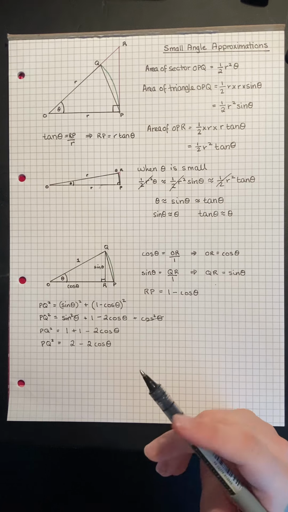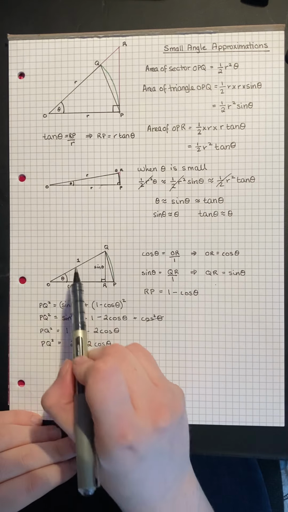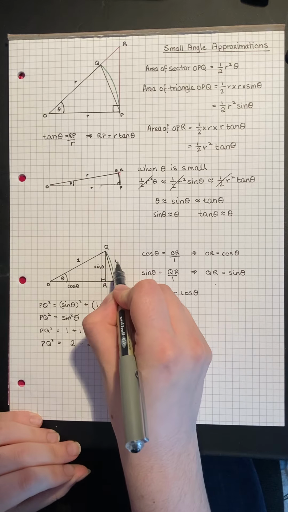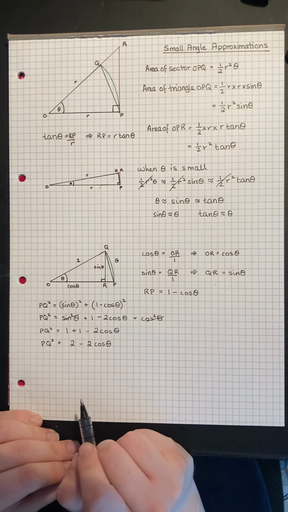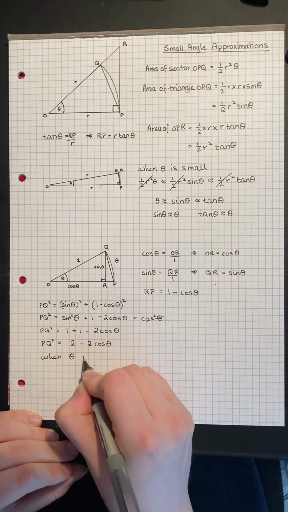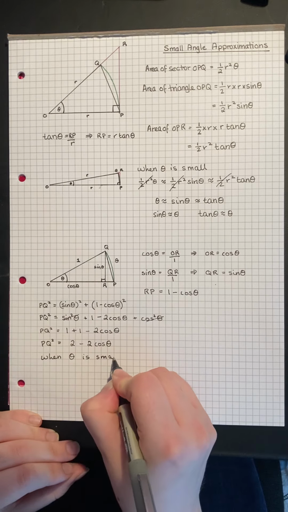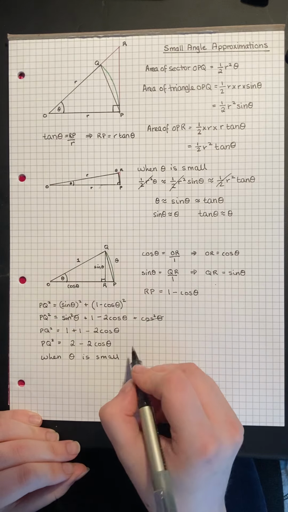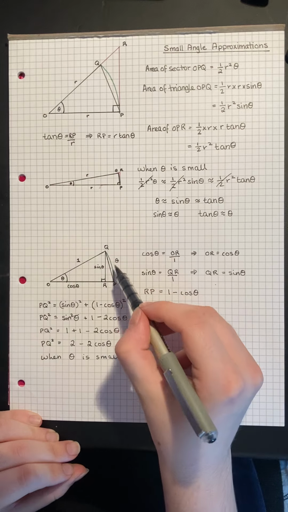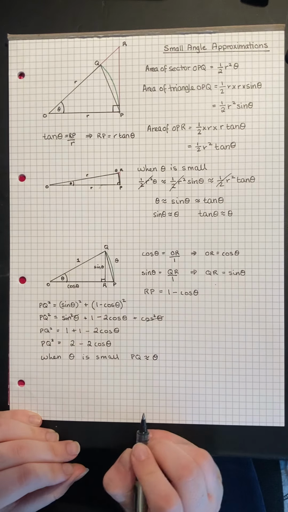Well, the arc length is r theta. So r is just 1, so the arc length is actually theta. So when theta is small, PQ is approximately equal to the arc length theta.